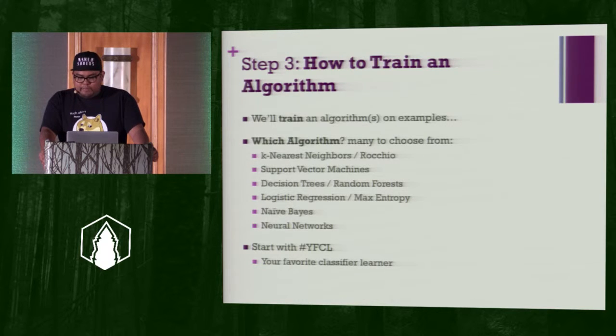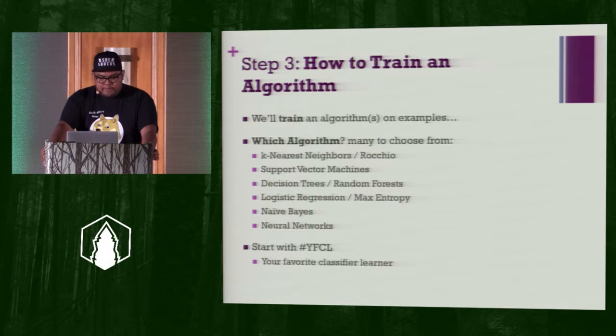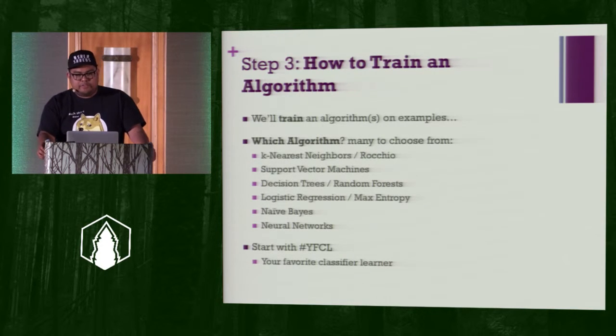There are hundreds of algorithms out there, and I'll just list some of the more popular ones up here, like k-nearest neighbors or support vector machines, etc. The rule of thumb here is I tend to use things that are simple and things that I am familiar with first, and then branch out to more complicated things after they weren't performant enough. So yeah, just start with your favorite classifier learner. We'll use two of my favorites.